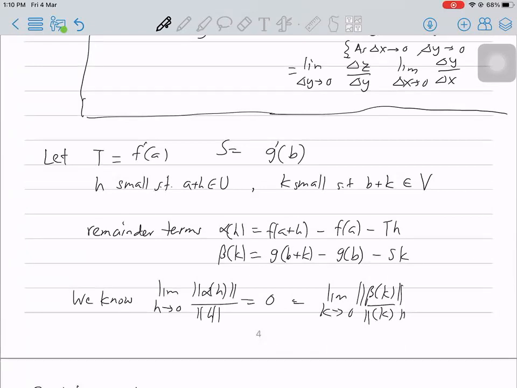I want to change that by a small amount. So maybe alpha of h. That one. But alpha of h is really f of a plus h minus f of a minus t of h. Yes, that is the k. I mean, the norm of that also works as k. Okay, think about it. Think about what should work.